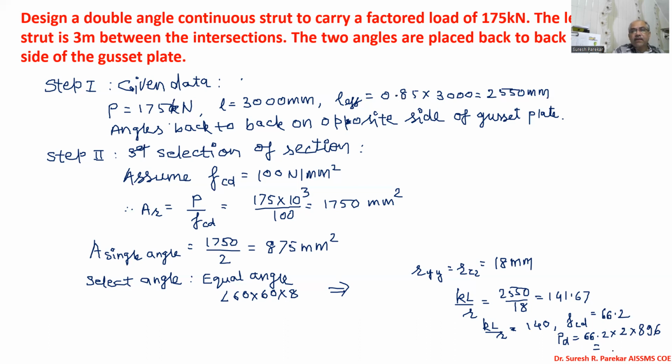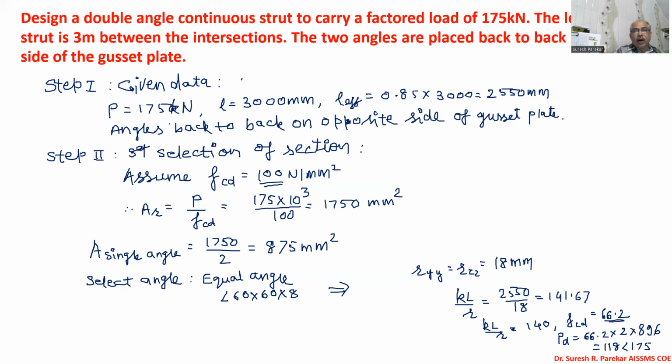It comes 118, which is less than 175. So this is not satisfying. Reason: we assumed 100 and the actual value coming is 66.2.